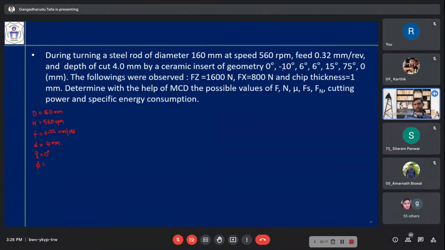Phi from this, principal cutting edge angle 75 degrees, nose radius 0, that anyhow is not required for us. So you have to clearly understand that this is principal cutting edge angle, not shear angle. There is this confusion sometimes because we are using the same phi for both.